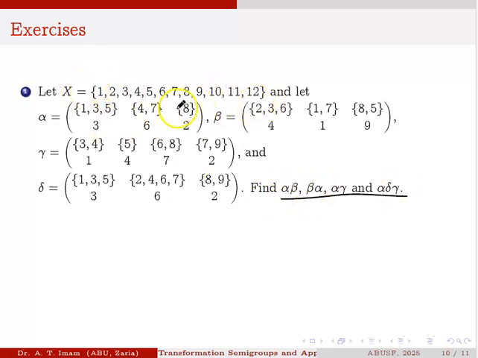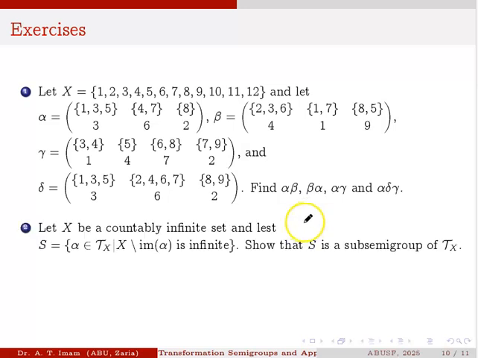So from the definition of composite which we have described, try to find out what alpha beta, beta alpha, alpha gamma, alpha delta, and gamma are, where alpha, beta, gamma, and delta are given here. So just perform these composites.